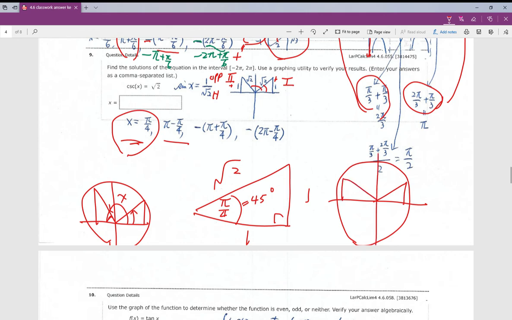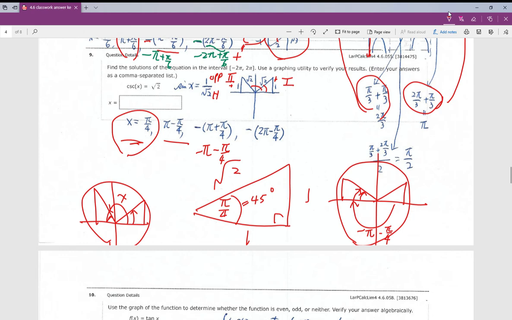So I will say it's negative pi, and keep going more negative, negative pi over 4, right? Negative pi and plus negative pi over 4.